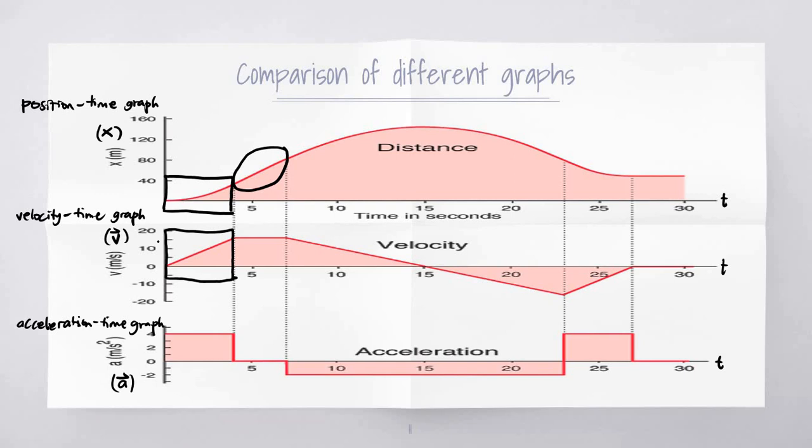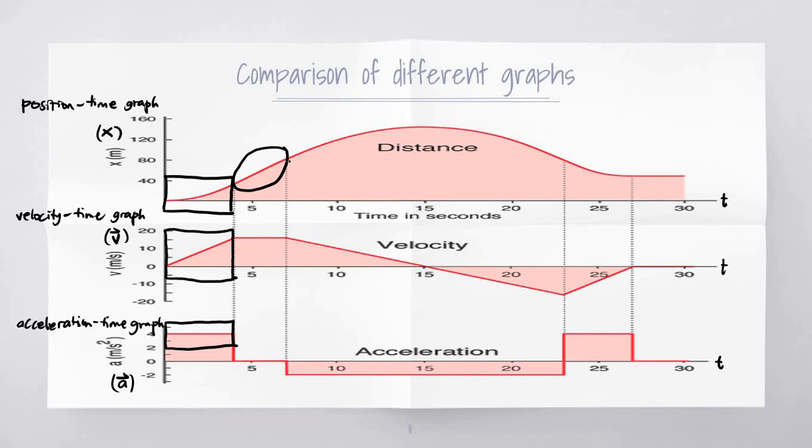Every time there is a constant change happening in velocity, what happens to acceleration? Acceleration now becomes a constant value. All right, so it becomes a plateau.